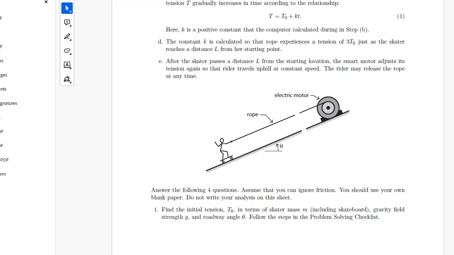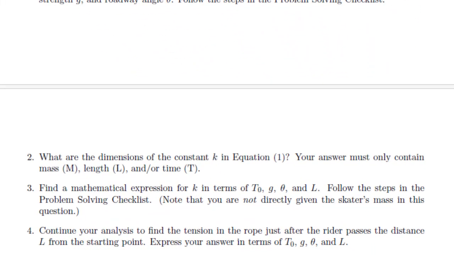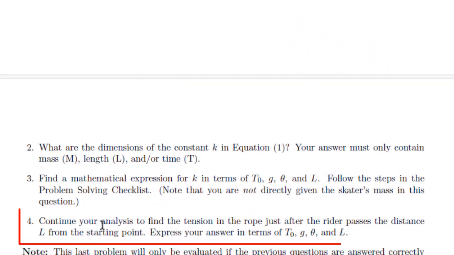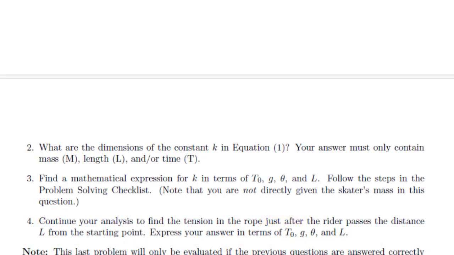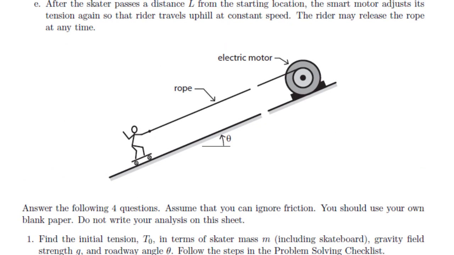Now in the fourth question, what we're supposed to do is the following. We're going to continue the analysis to find the tension in the rope just after the rider passes that distance L. So let's go back and see what the problem statement says again.